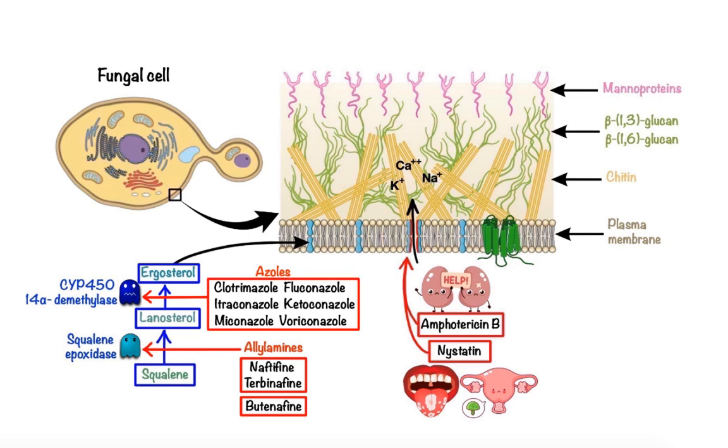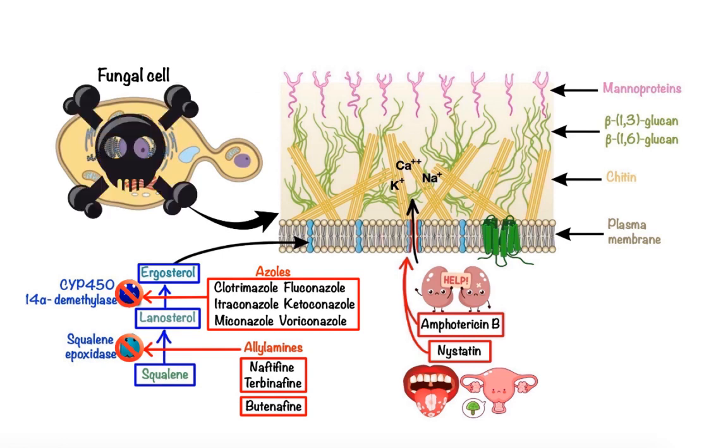Now, by inhibiting squalene epoxidase and 14-alpha demethylase, allylamines and azole antifungal agents deplete cell membrane ergosterol, thereby impairing membrane fluidity, leading to accumulation of toxic sterols, and ultimately causing fungal cell death.